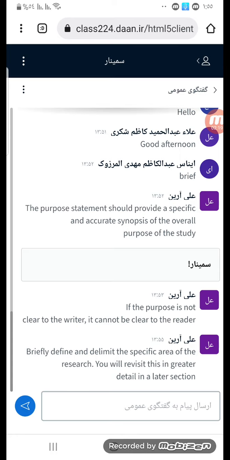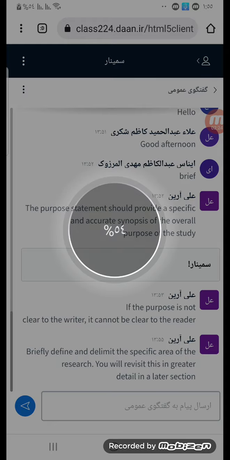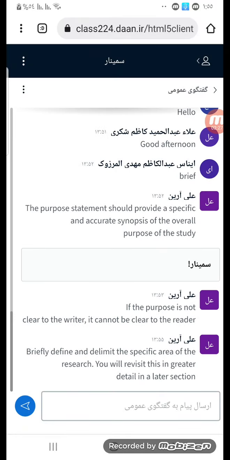For example, my dear friends, we say that our theory for this study is modernism. But, my dear friends, modernism is such a vast and expansive area. You cannot work on all of it. Then you should delimit it. You should narrow it down. Okay? You should say that I am going to talk about realism, which is a part or element of modernism also.